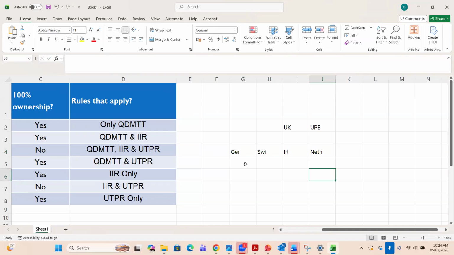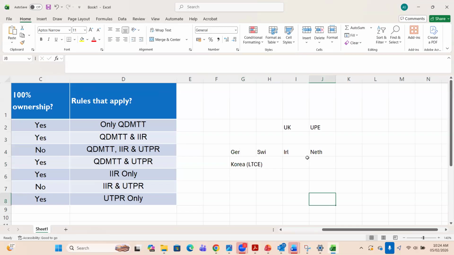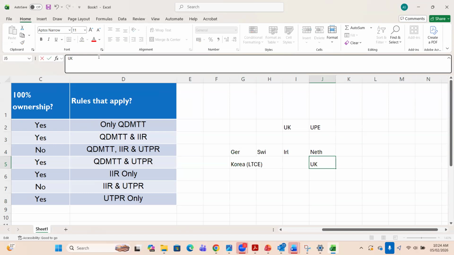Now, this German company has another company under it, let's say in Korea. Now, let's say this is an LTC. At the same time, this Netherlands company has a constituent entity in UK. It has a subsidiary in UK. And this is also an LTC.